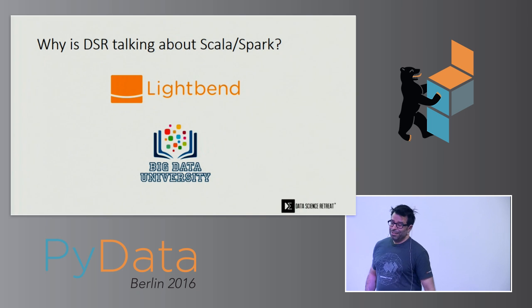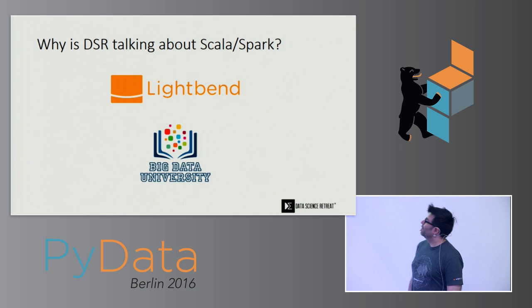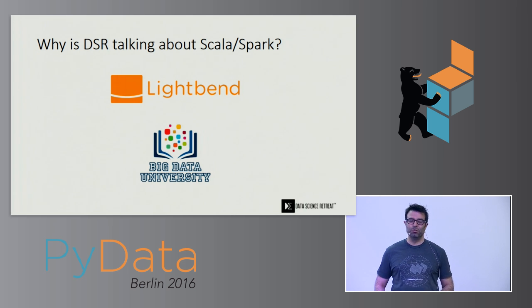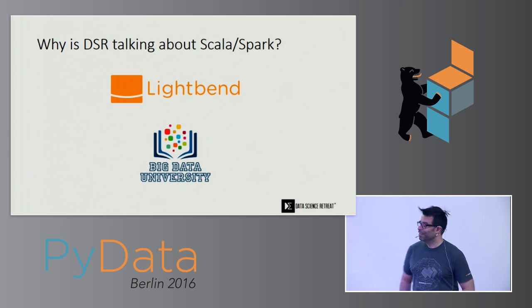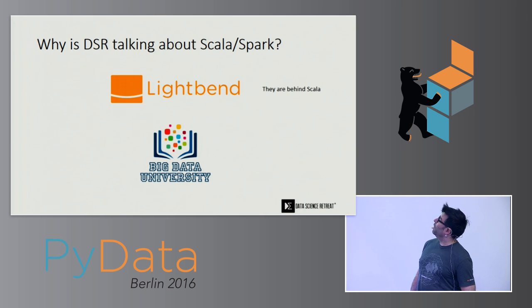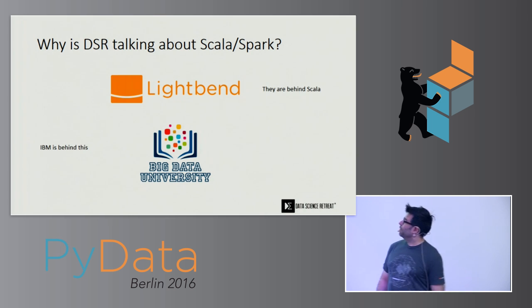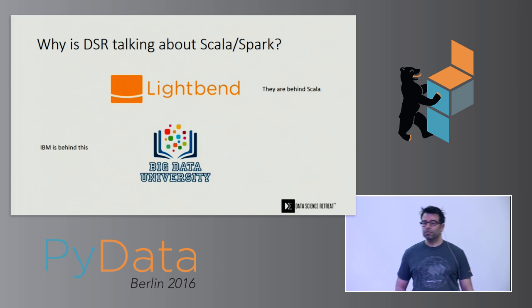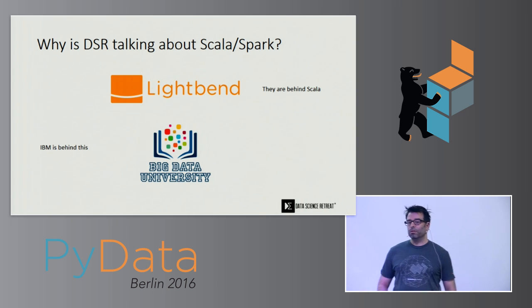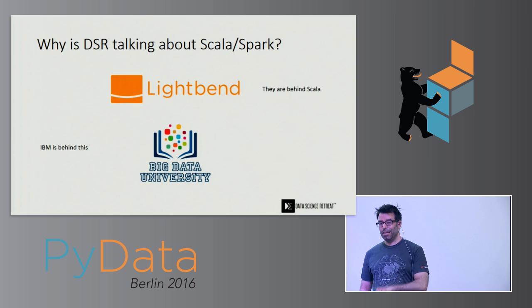Right, so why is DSR talking about Scala and Spark here? Lightbend is actually the company behind Scala. They used to be called TypeSafe, but they changed their name, kind of like Google. And these guys got approached by IBM, who is running this big data university, to create training materials for data scientists who want to do things in Scala and in Spark, but they don't know how.